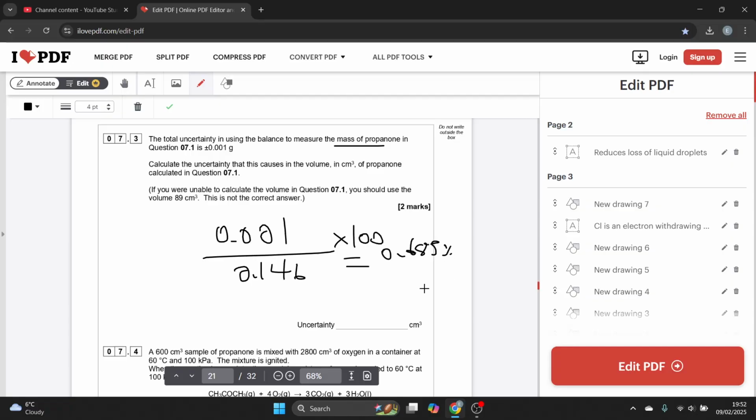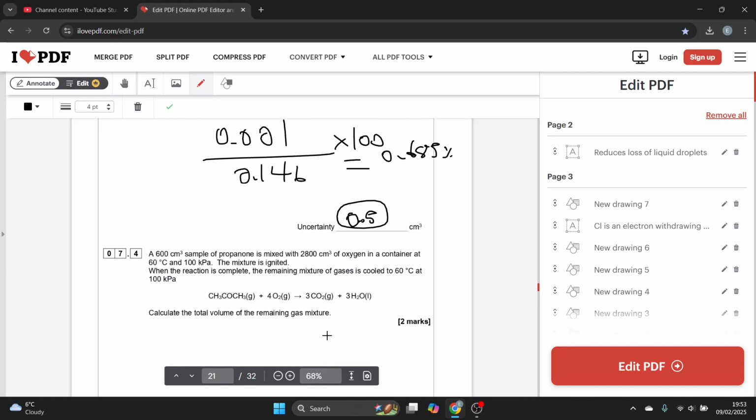Then use this idea to calculate the volume uncertainty, times by 75. My answer is 0.685 divided by 100, because that's a percentage but I just want the uncertainty, times by 75. 0.51. Let's say 0.5 centimeters cubed.